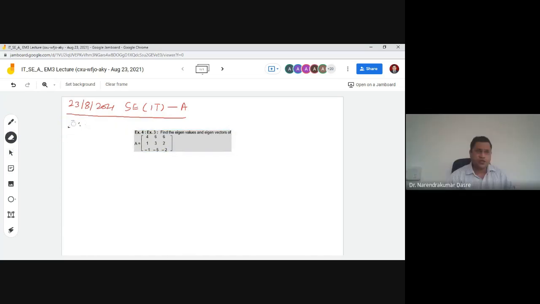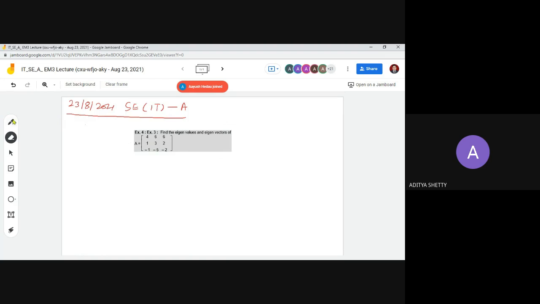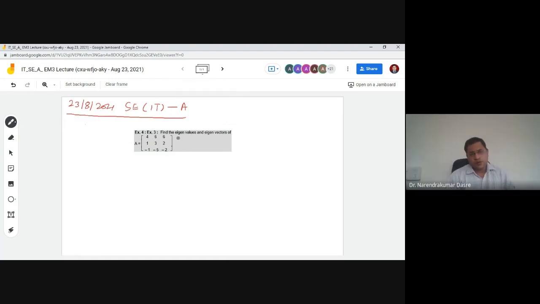So we have to find the eigenvalues and eigenvectors of this matrix. The matrix A is 4, 6, 6, 1, 3, 2, -1, -5, and -2. Now we want to find the eigenvalues and eigenvectors of this matrix.